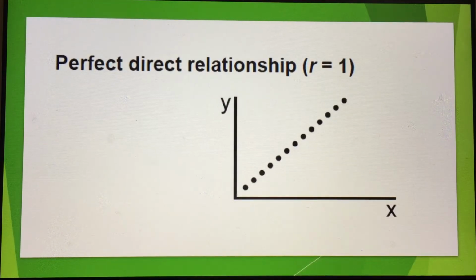So this is an example of the perfect direct relationship. This is the scatter diagram, wherein we are going to plot the y and the x-axis. When it is a perfect direct relationship, it is always equal to 1. That means an excellent, perfect relationship.